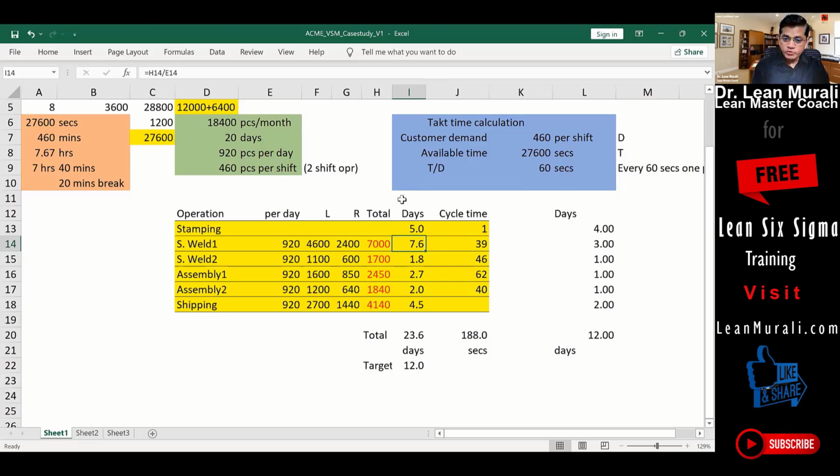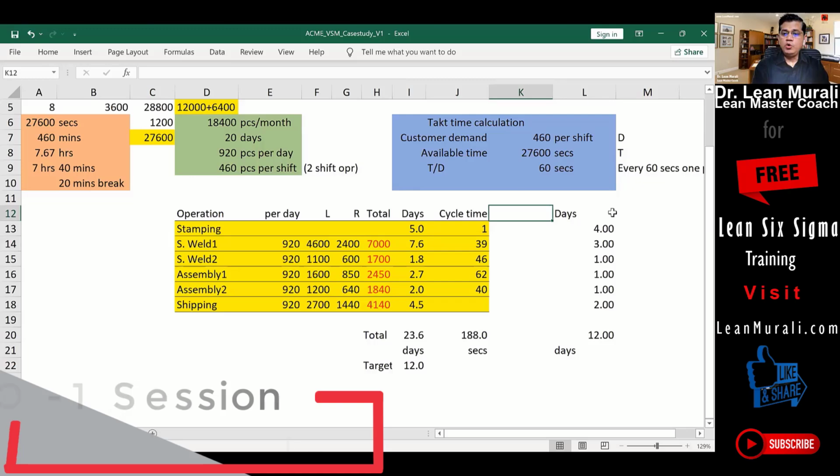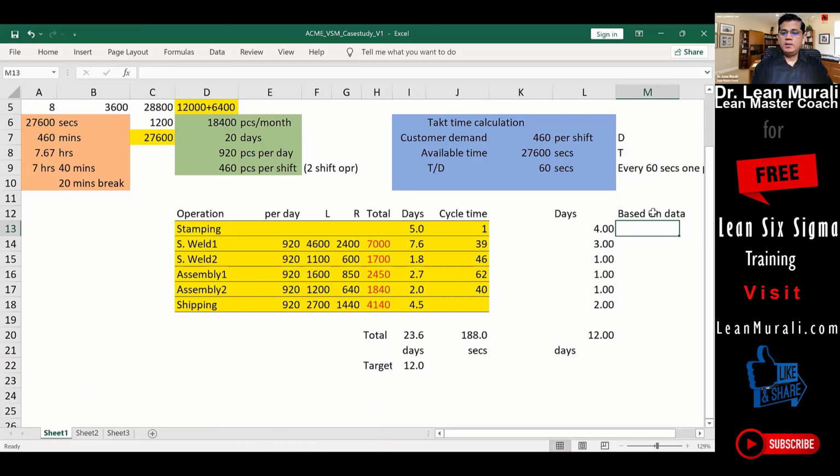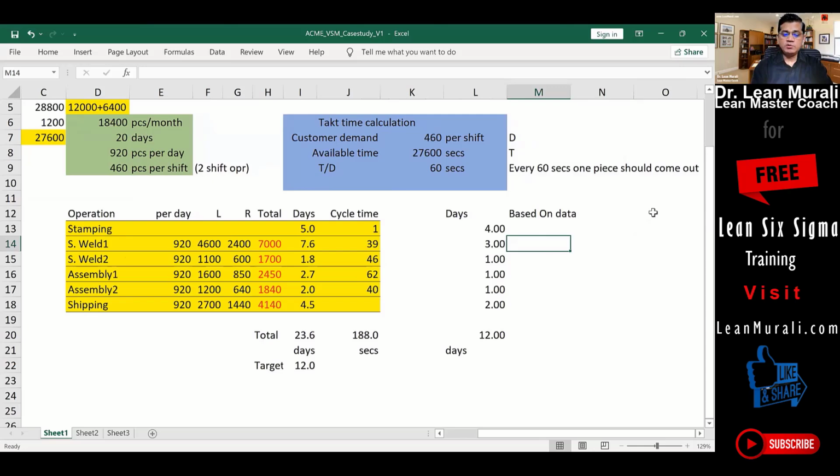You can say observed inventory is so and so. You can add another column. Based on data, you can say this inventory is generally 3,000. You can arrive at that and then take a decision. Am I clear about this?